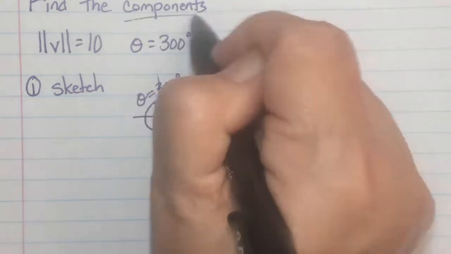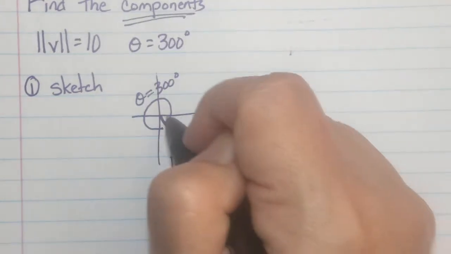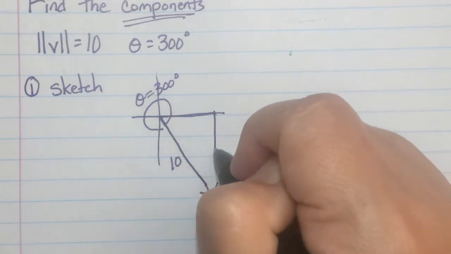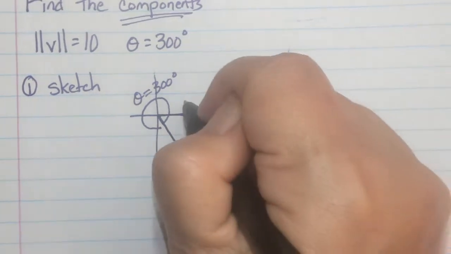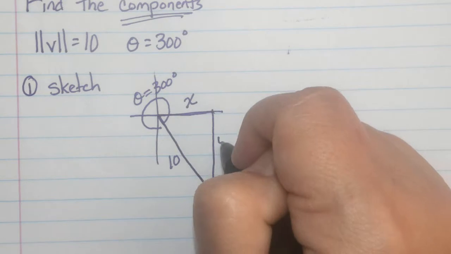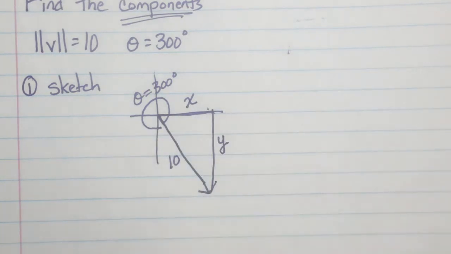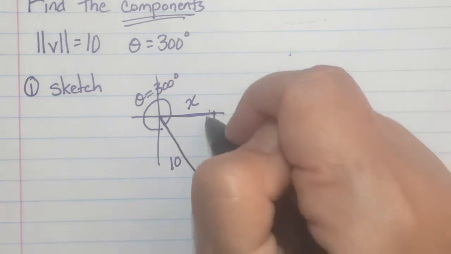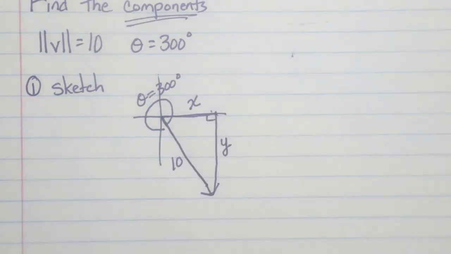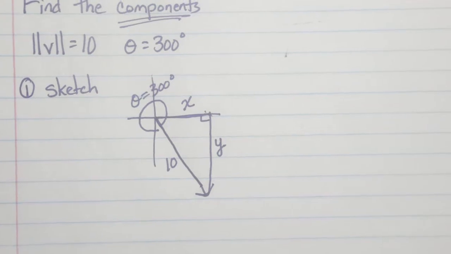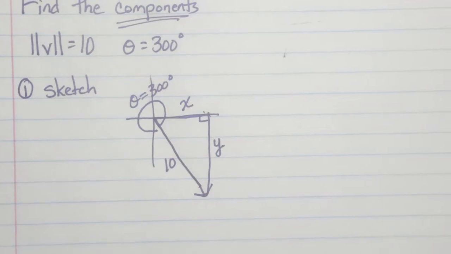So I'm trying to find the x and the y, my horizontal component and my vertical component. But that's a right triangle, right? So if it's a right triangle, that means SOHCAHTOA works, and all my relationships work.